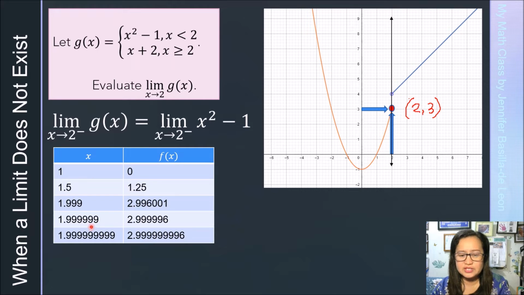As you can see, as the value of x gets closer to 2, the value of f of x gets closer to 3. So based on this table of values, we can say that the limit of x squared minus 1 as x approaches 2 from the left is 3.